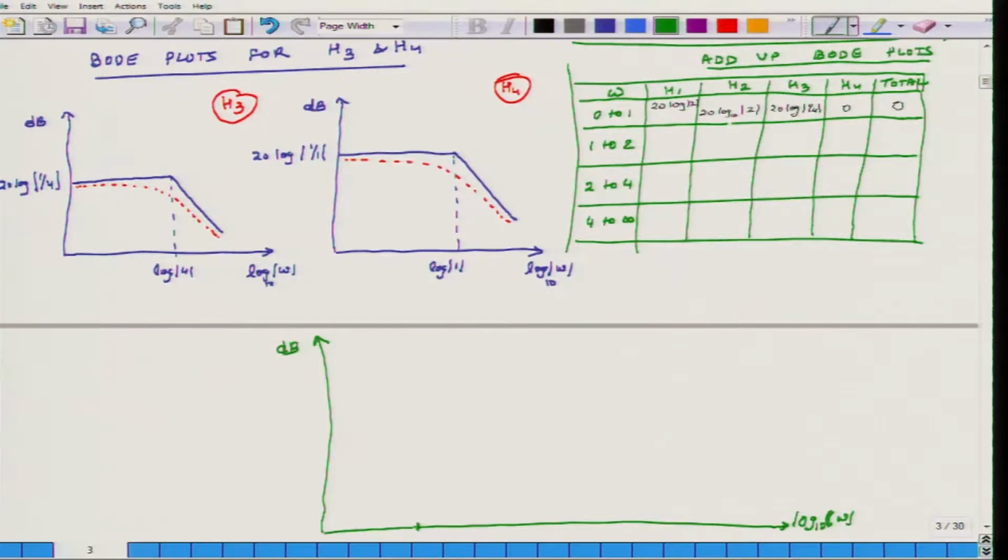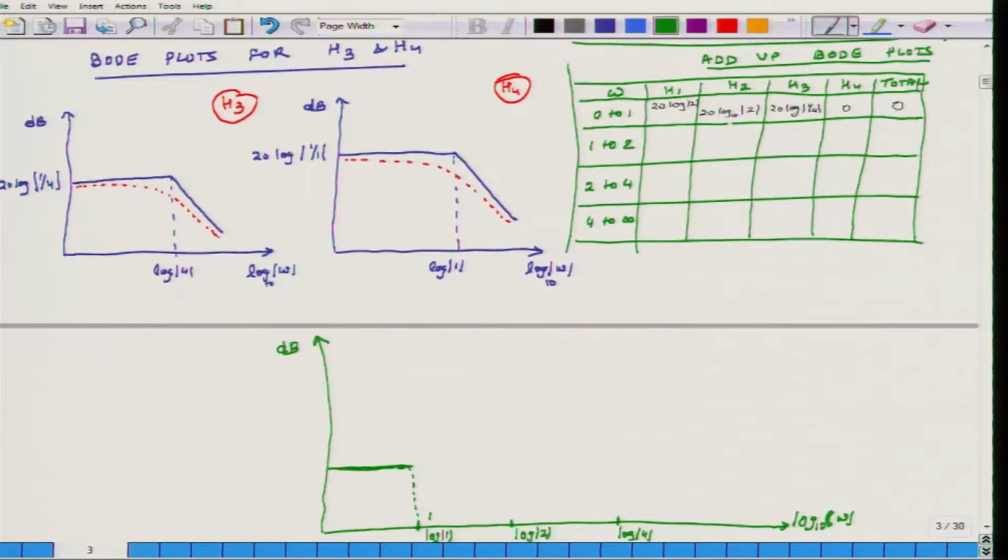First is 0 to 1, so this is log of 1, then 1 to 2, so this is log of 2, then 2 to 4, so this is log of 4, and then 4 to infinity. So, in the range 0 to 1, the contribution is 0 decibels.